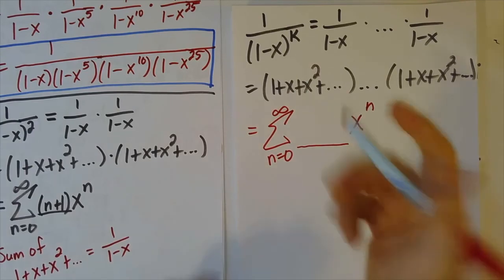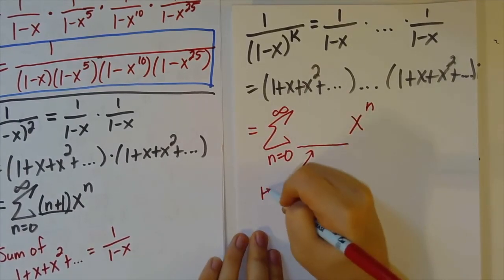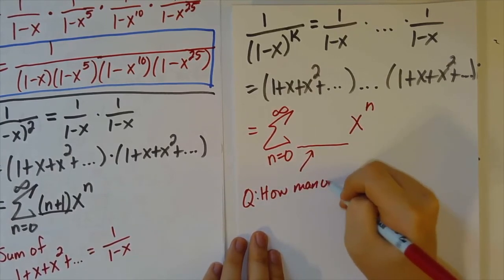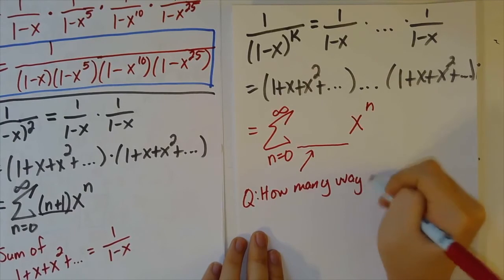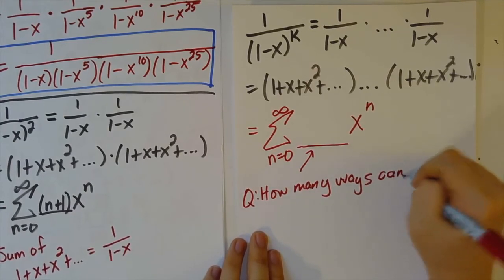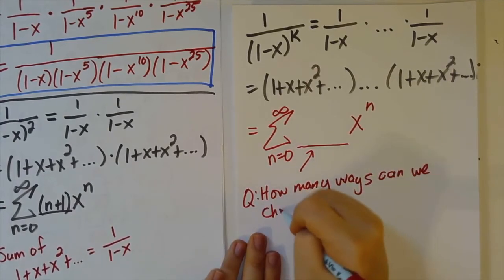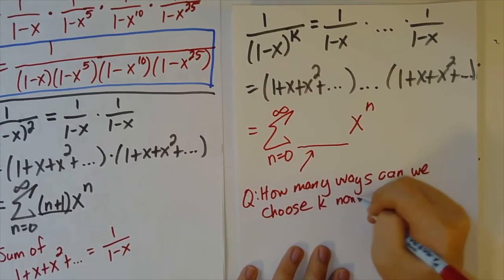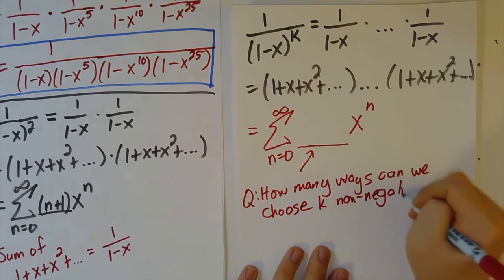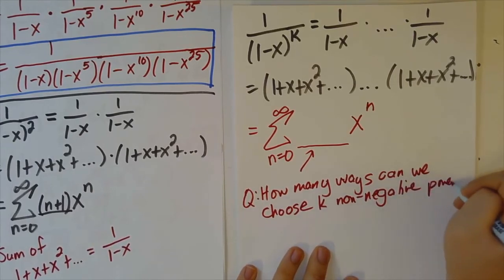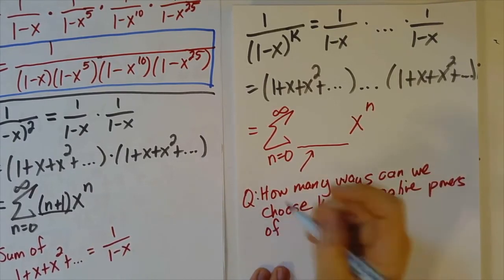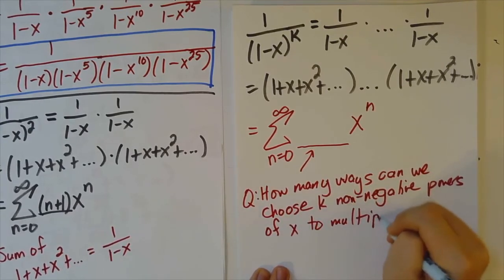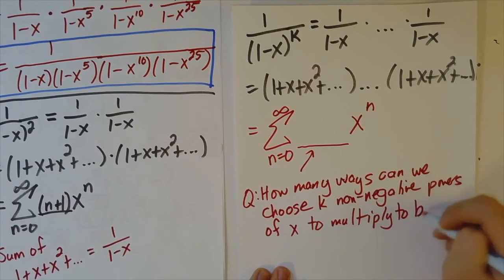So really, the thing that goes in this blank is the answer to the question, how many ways can we choose k non-negative powers of x to multiply to be x to the n.